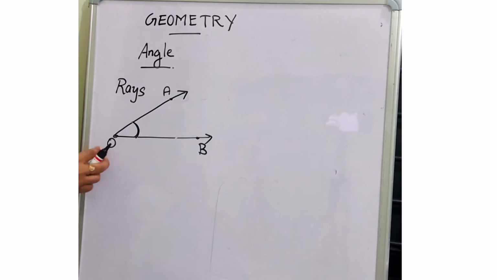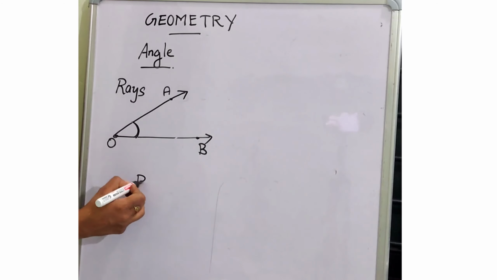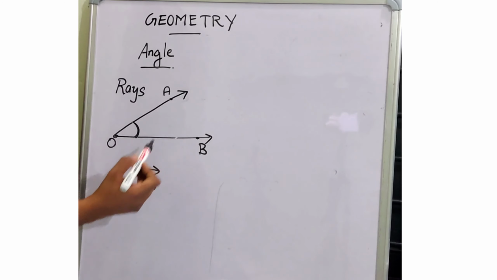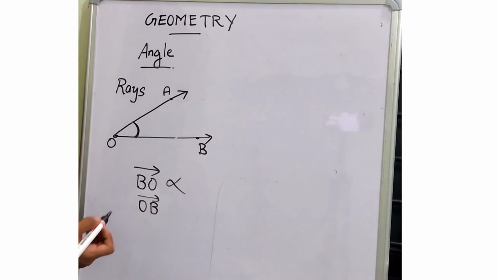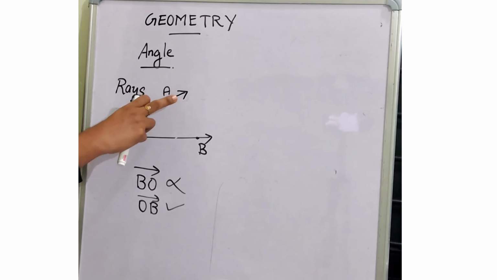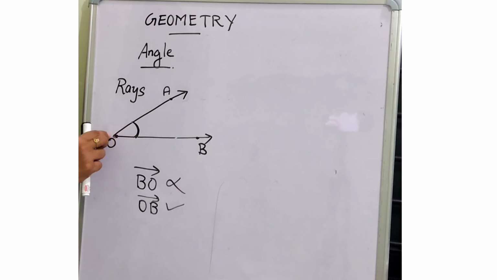You cannot say this ray as BO. If you say ray BO, this is wrong. This is ray OB. Every time the first letter should be the starting point, that is O. Understood? So, an angle is formed when two rays meet at a point. Then we will get one angle.